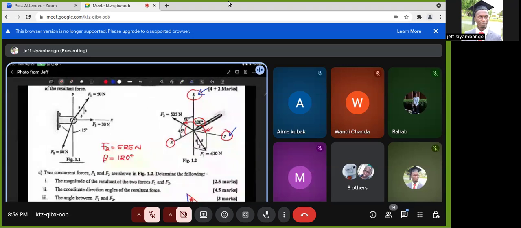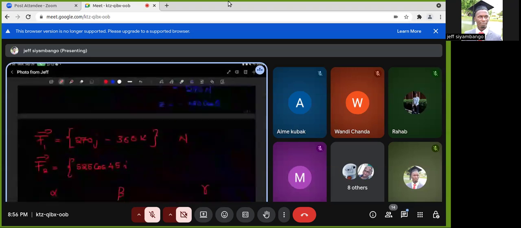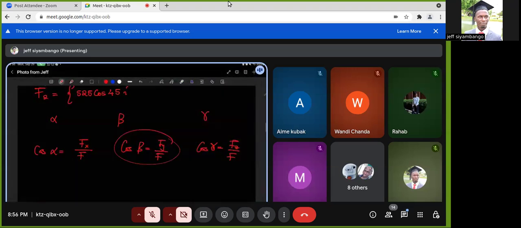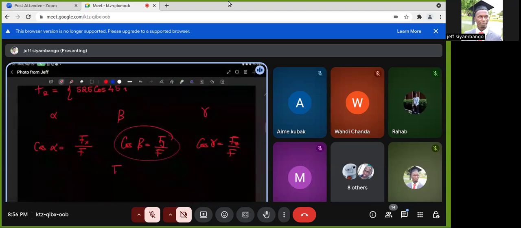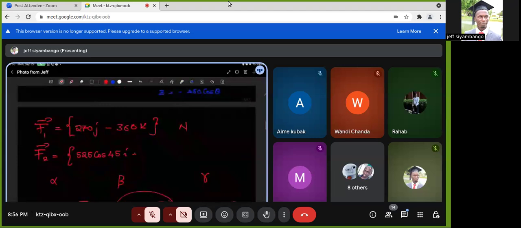So, as you saw for alpha, the y component will be equal to the vector itself, 525, times the cosine of the directional angle 120. So bring here plus 525 cos 120.